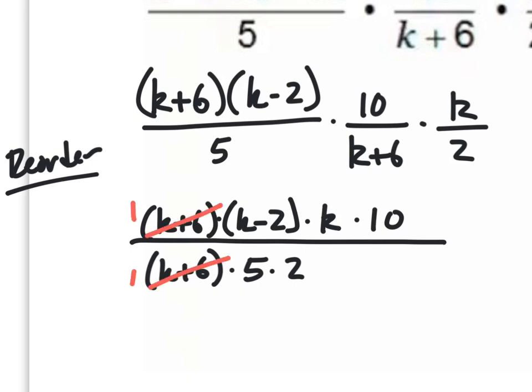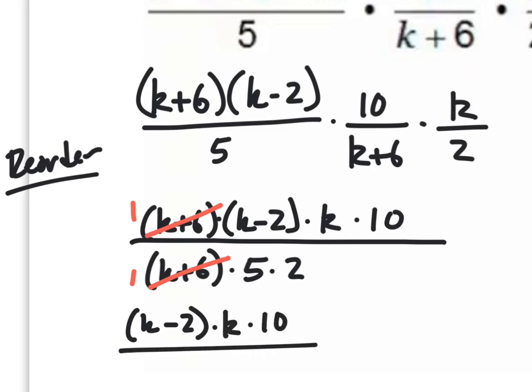I'm going to rewrite this and look at it from a fresh perspective. So I've got the quantity k minus 2 times k, and then times 10. The other thing I need to realize is that I'm taking 5 times 2 here, which gives me a 10 on the bottom. Now, I have 10 divided by 10.